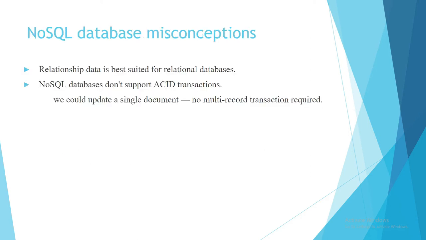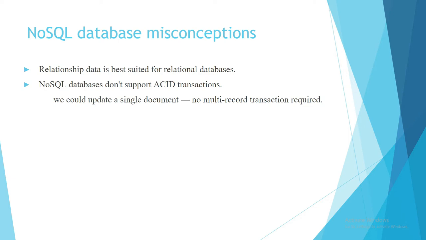Coming to the various kinds of misconceptions we have about NoSQL: the data which we store in relational databases must have a kind of relationship. That is, we know. The thing is, relationship data is best suited for relational databases. That is a misconception.